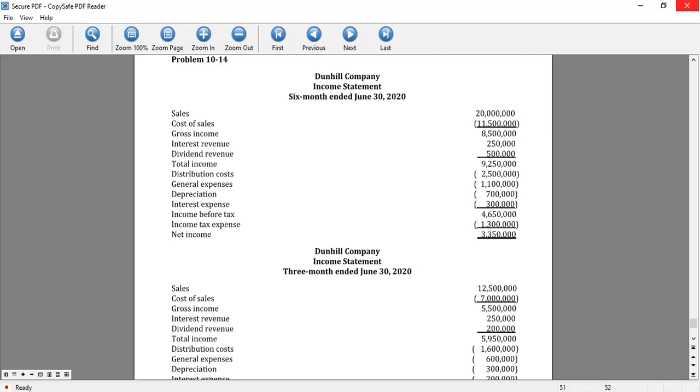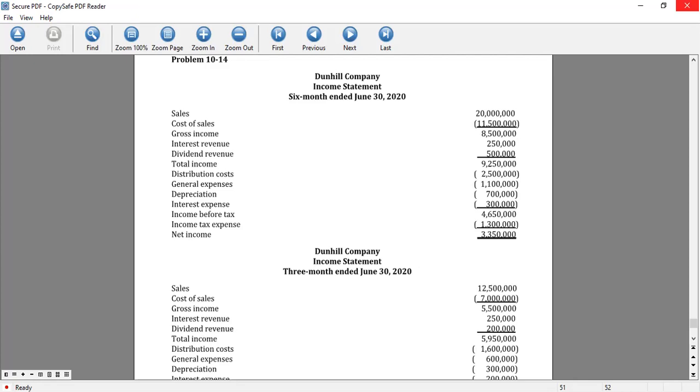Okay, so we have two requirements in Problem 10-14. The first is an income statement for the first 6 months based on the given data at the bottom. Okay, so this is for the first 6 months.